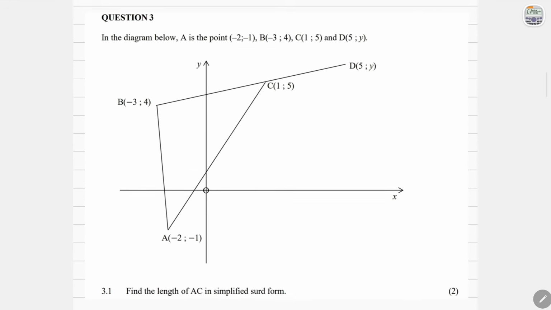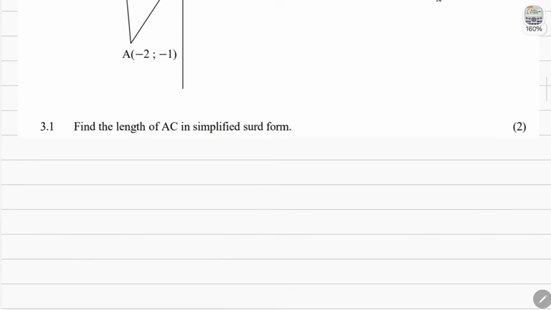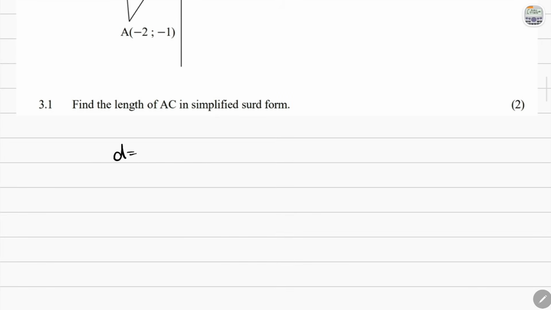So AC. When we have the coordinates, we can just use the distance formula. Distance equals the square root of x2 minus x1 all squared plus y2 minus y1 all squared.